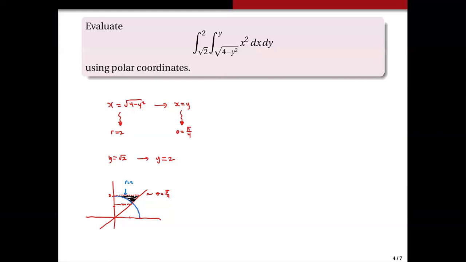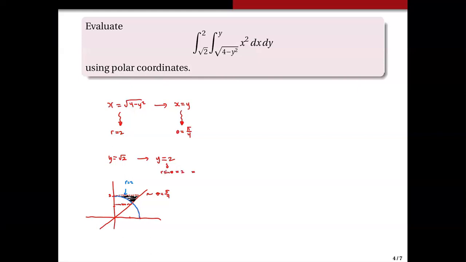So what is this part here? In polar coordinates, take note that y equals 2. This means r sine theta is equal to 2.